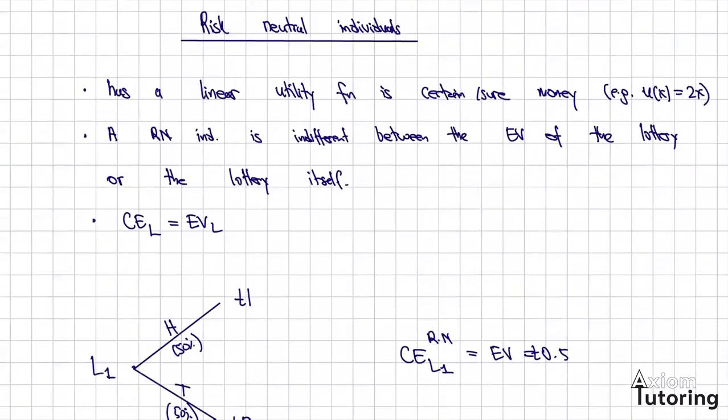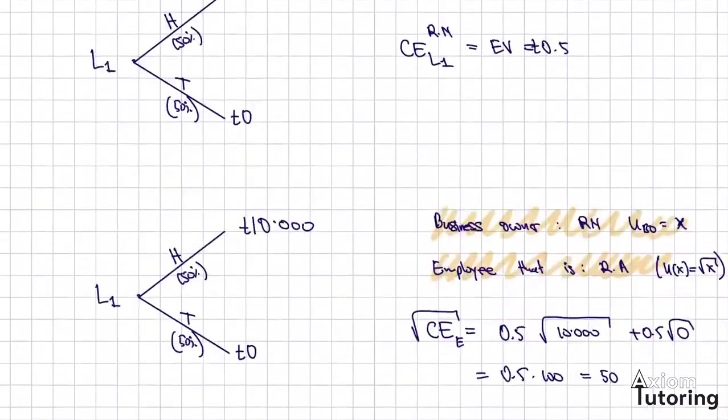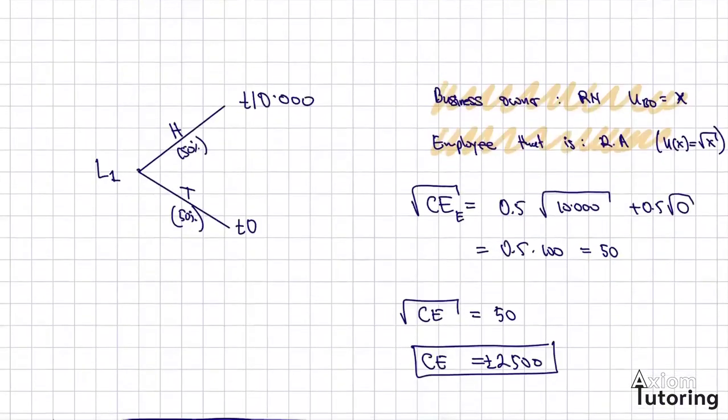We defined what risk neutral was, and then went to an application where a risk-neutral individual interacts with a risk-averse one. This is the first application of insurance, where the business owner effectively provides insurance to the employee, and if there's a difference in risk attitudes, it could be profitable for both parties.